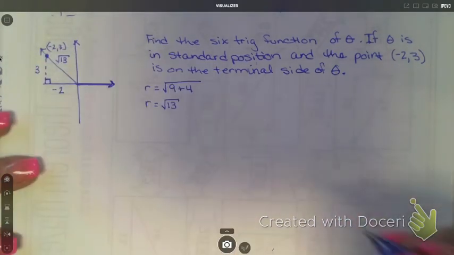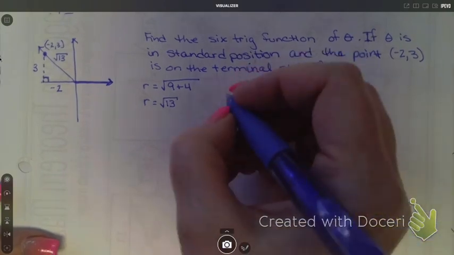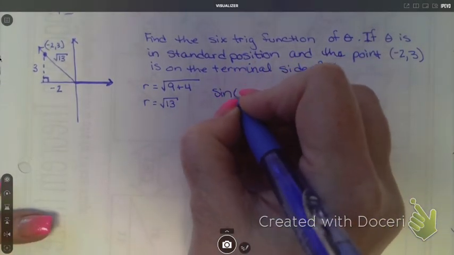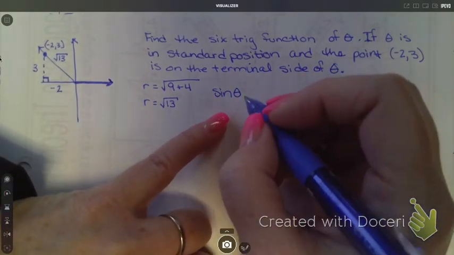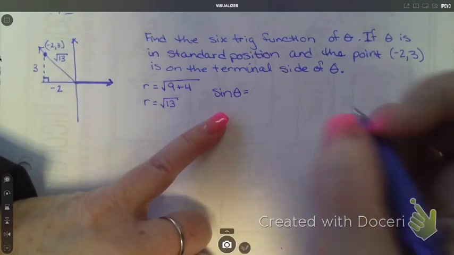Now that I have x, y, and r, I have everything I need to find all 6 trig functions. So we're going to do sine of theta. Today, for every single problem, you're going to write sine of theta and tell me the ratio before you tell me the answer.